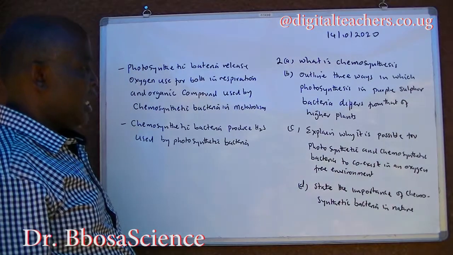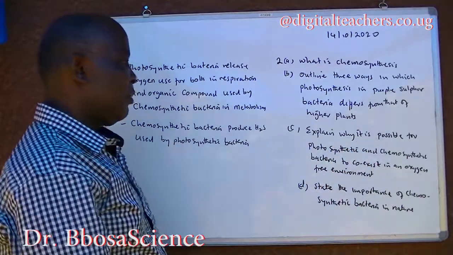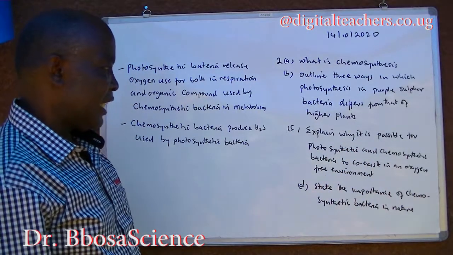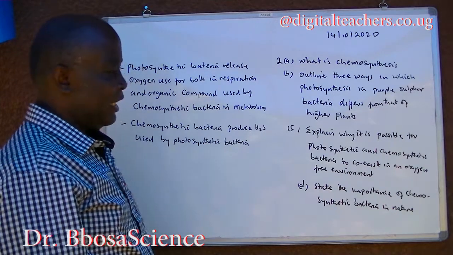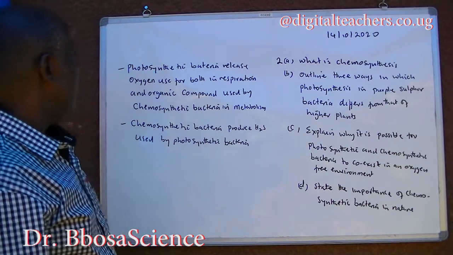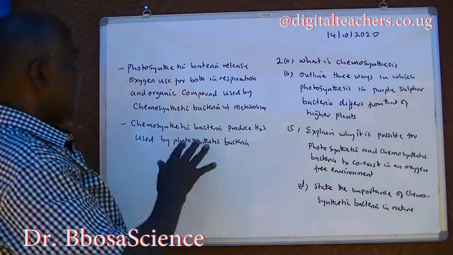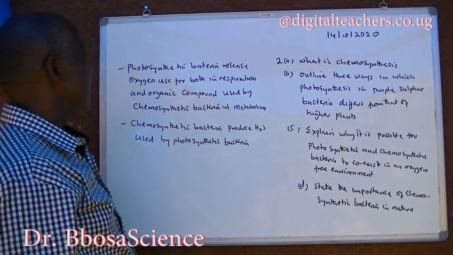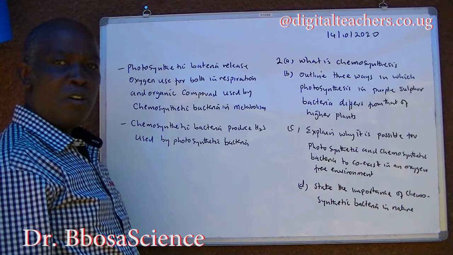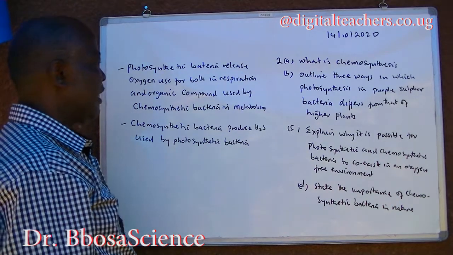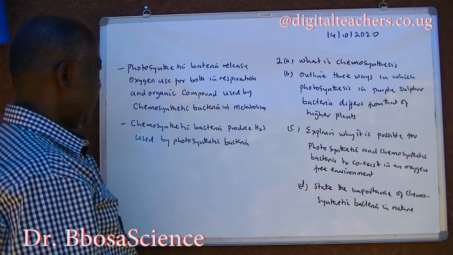C. Explain why it is possible for photosynthetic and chemosynthetic bacteria to coexist in an oxygen-free environment. The photosynthetic bacteria release oxygen used in respiration by both photosynthetic and chemosynthetic bacteria.